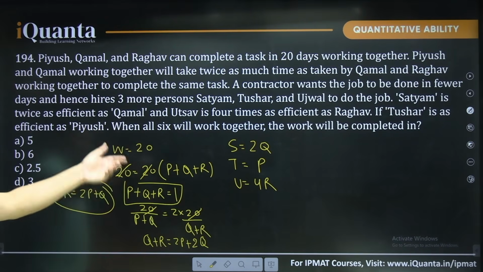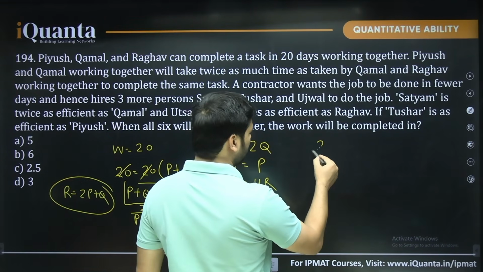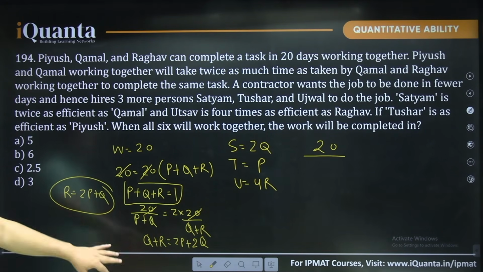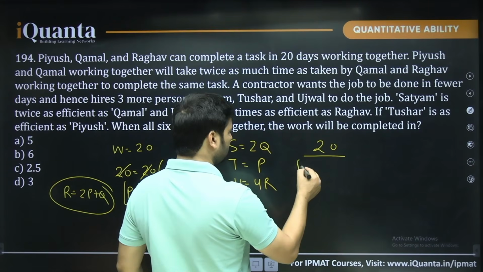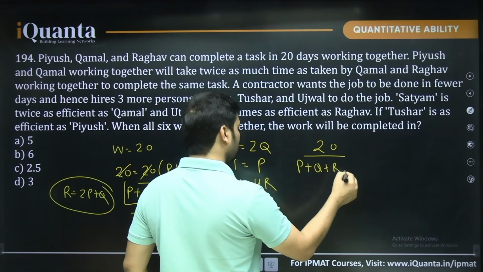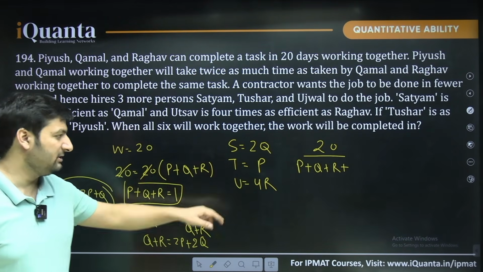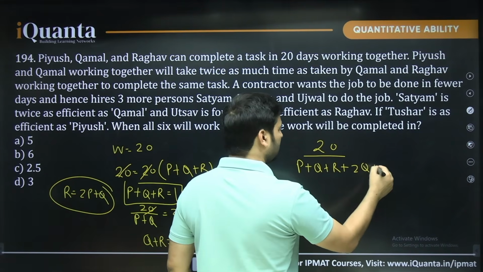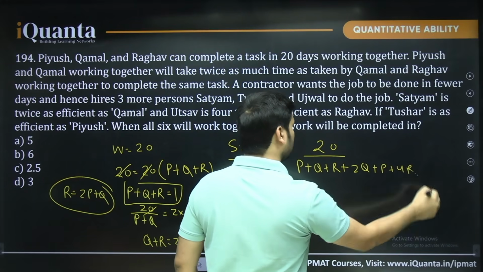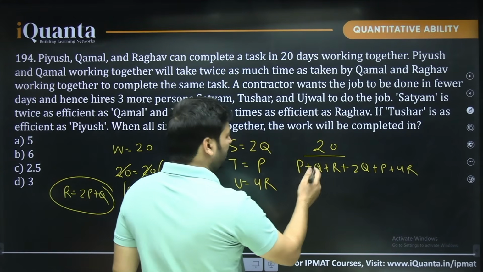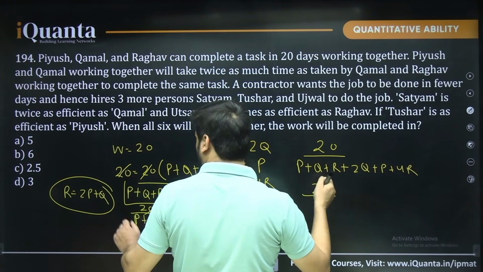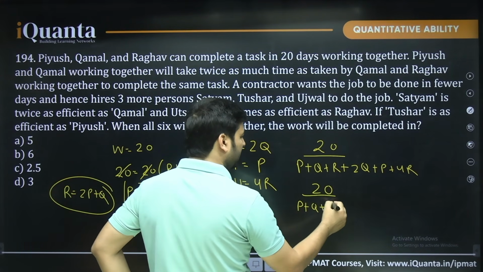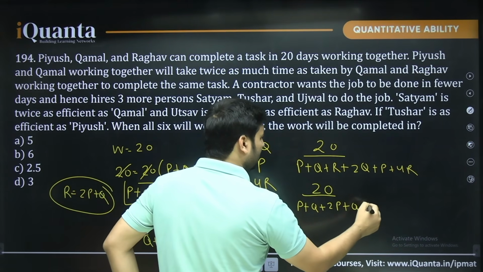Now all 6 are working together to complete those 20 units. Yes or no? Now P plus Q plus R, plus these 3, so 2Q plus P plus 4R, isn't it? Now over here I already knew that R is equal to 2P plus Q. So P plus Q plus R can be written as 2P plus Q, right?